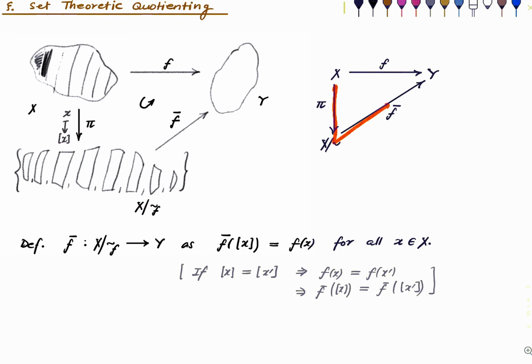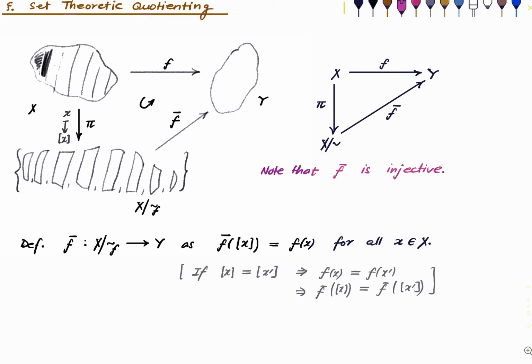It's getting factored into two parts. One is this map, which one also calls the natural projection map, and the other is the map that is induced by f from this to that. Okay, and let us note one thing. Note that this guy is injective.